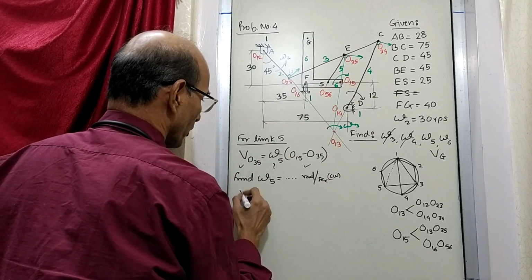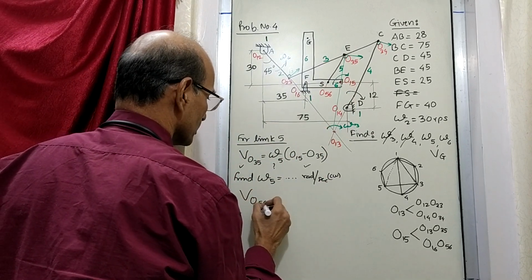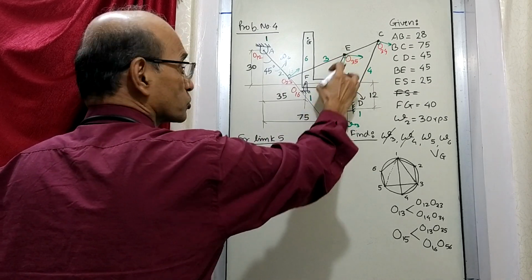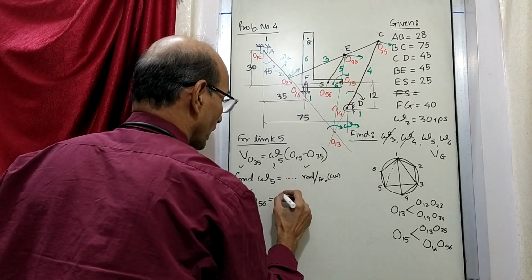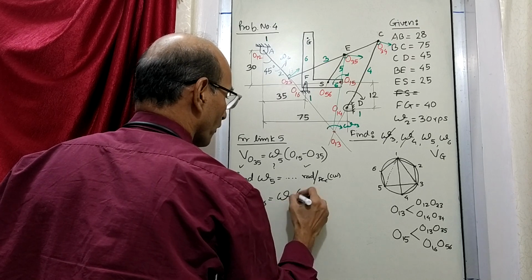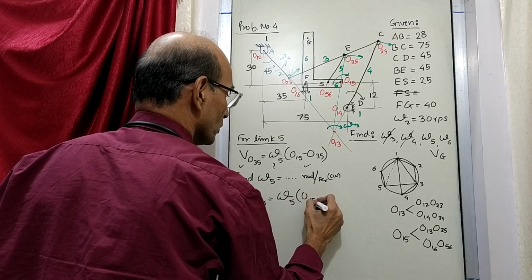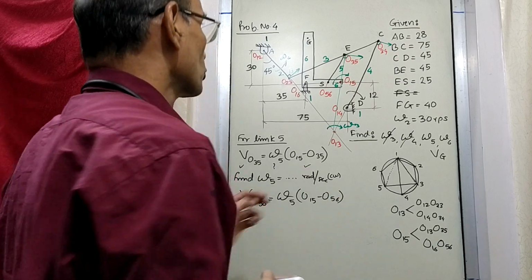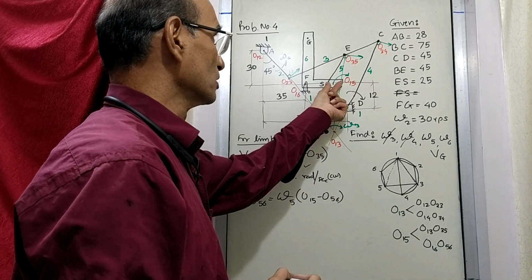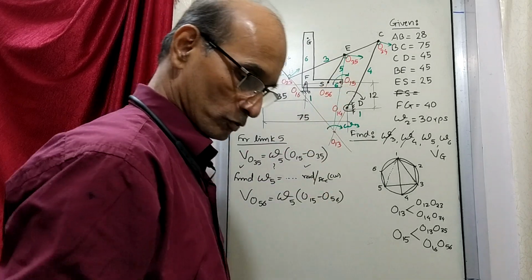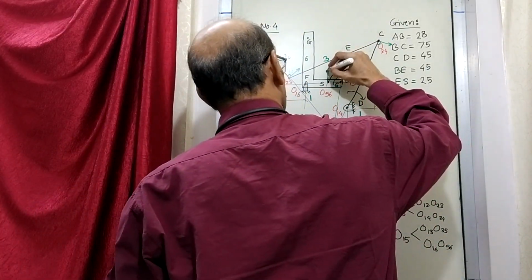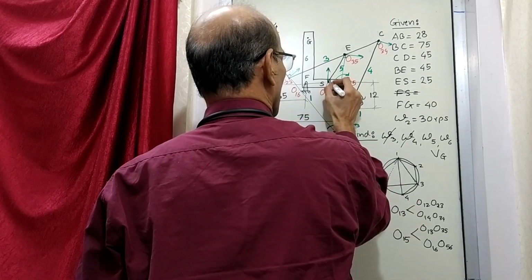So we write now velocity of O 5 6. 5 6, just like 3 5, is also on link number 5. So we write this is equal to omega 5 into distance from 1 5 to 5 6. So 1 5 to 5 6 is this distance. So this distance into omega will give you velocity of 5 6, which is like this, perpendicular to this line.